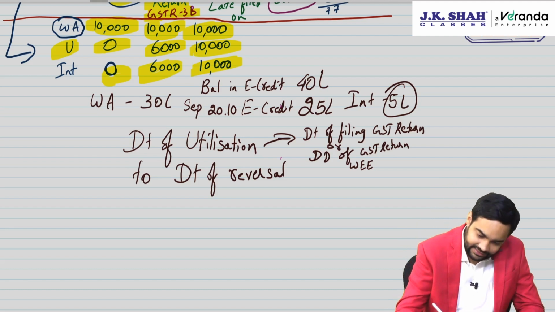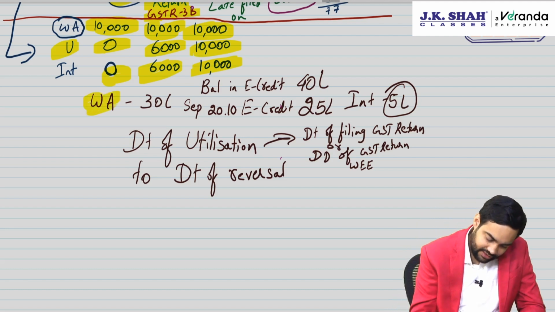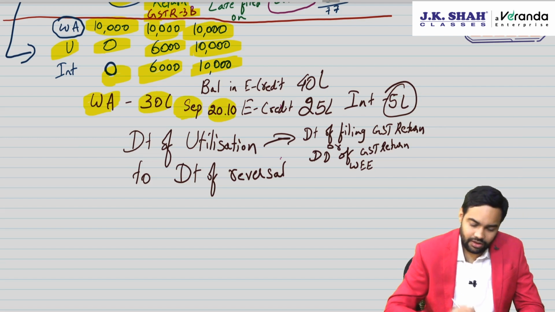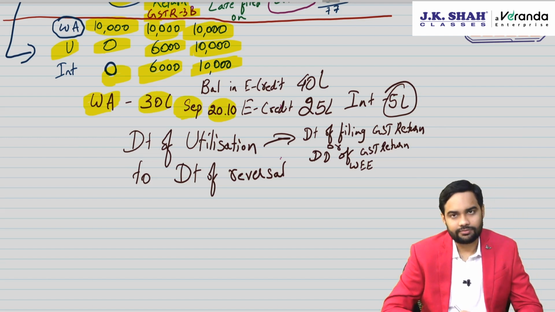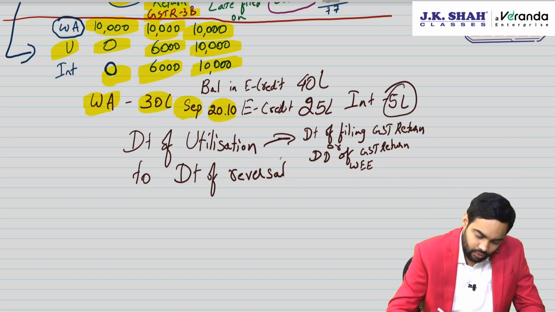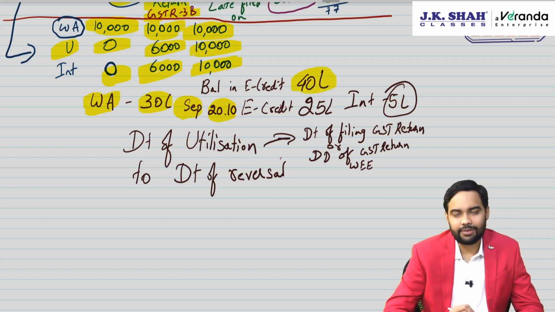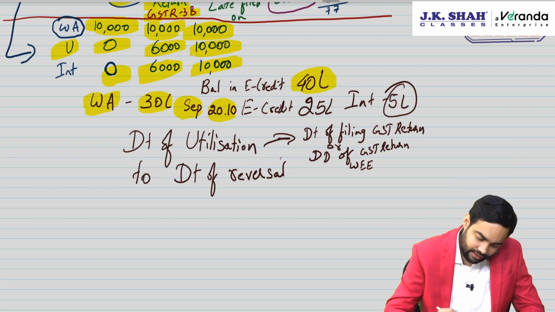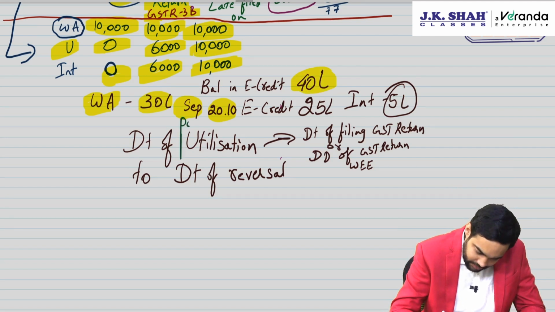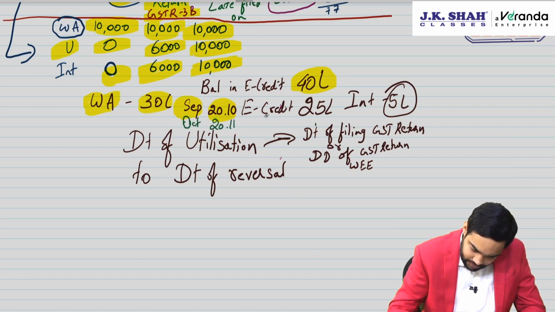Let's understand this. See, I wrongly availed ITC of 30 lakh in September and filed the return on 20th October. Now, the balance in the e-credit ledger was 40 lakh. Will interest apply? No. Thereafter, when I was filing the October return, I filed it on 20th November.